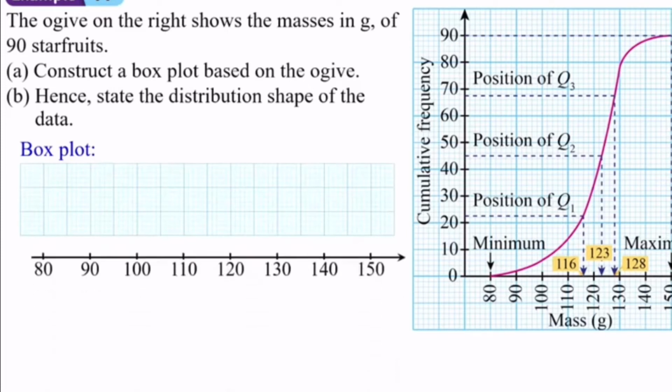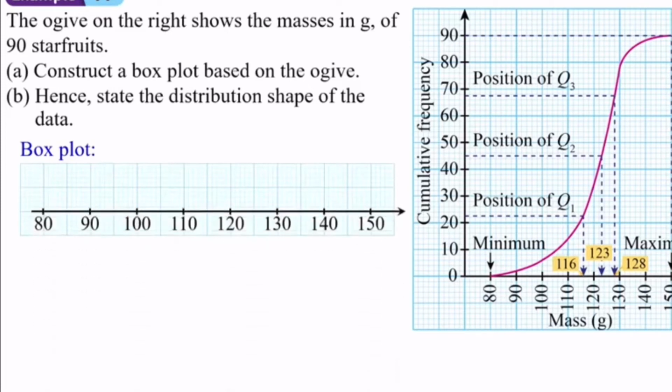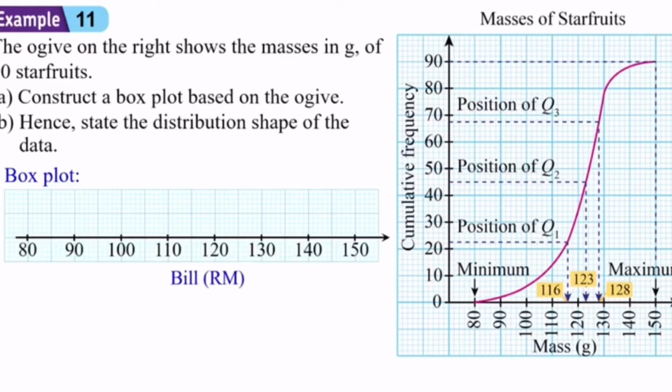So now take out the graph paper. Draw the scale first. Minimum to maximum. The minimum is 80. The maximum is 150.